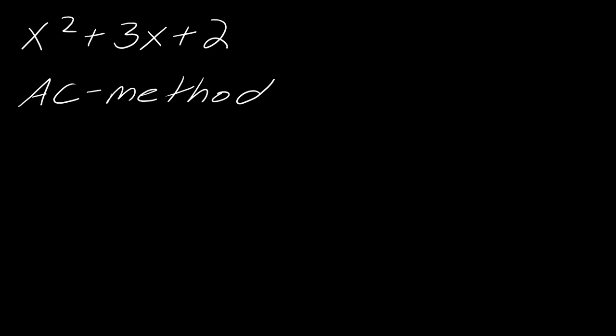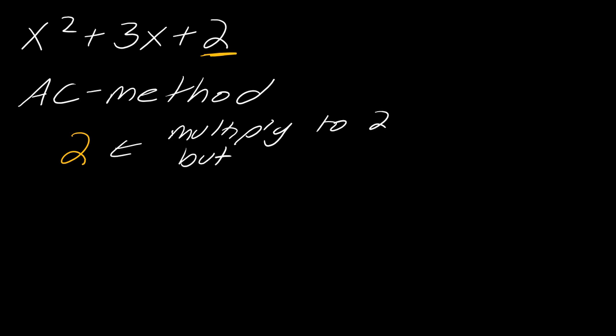For the AC method, it's actually a little simpler when you have a polynomial of this form. You're kind of looking for the same thing: what two numbers will multiply to 2 but add to, again, this 3?